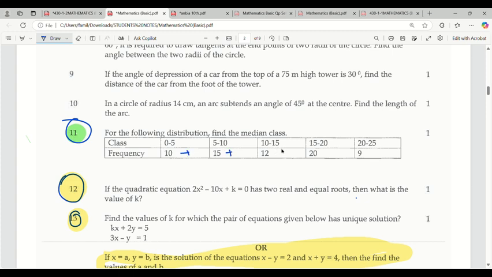So basically here, first of all, 10 plus 15 plus 12 plus 20 plus 9. 10 plus 15 will give you 25, 37, 57, 66. Right? 66.